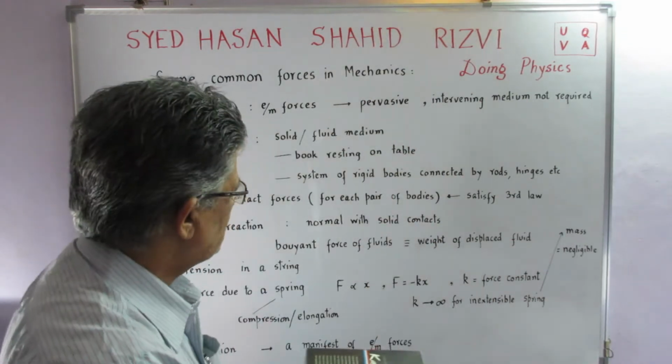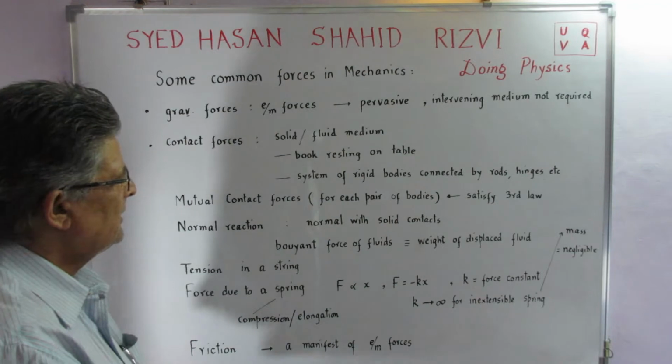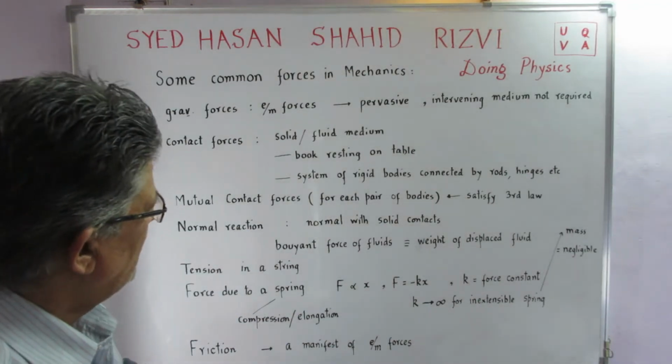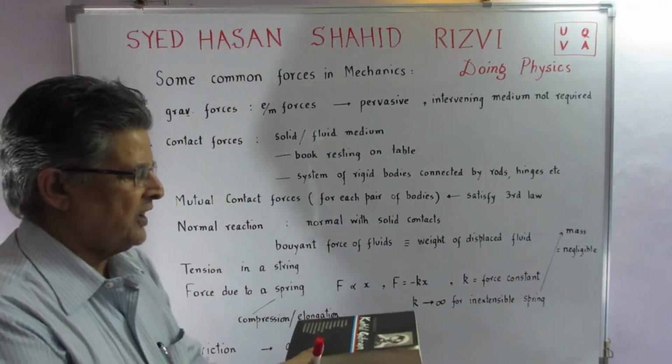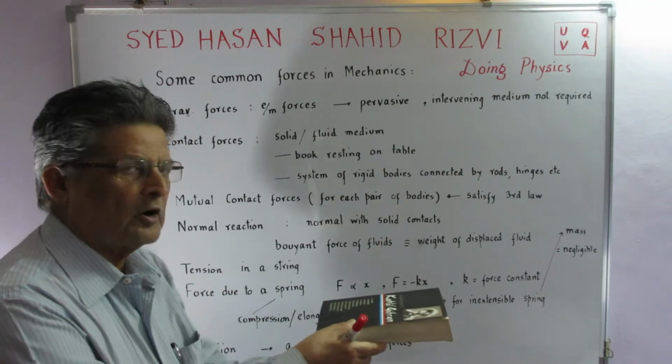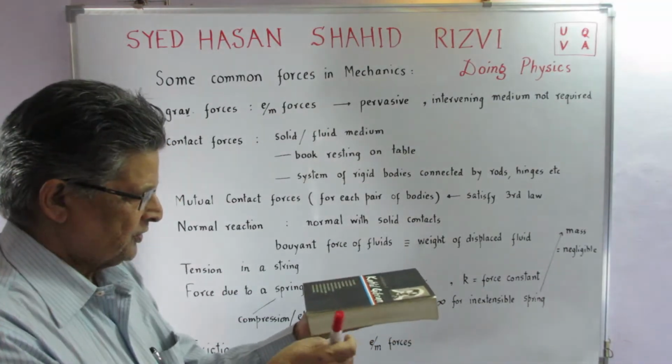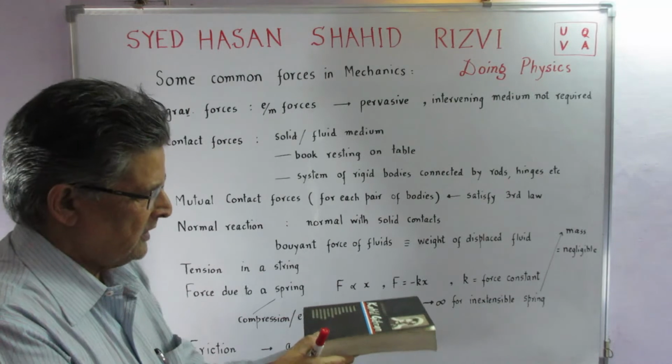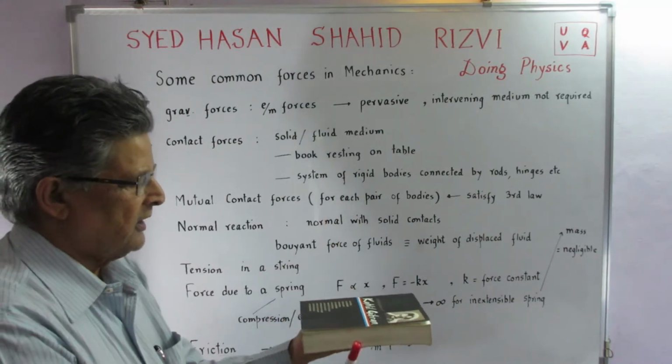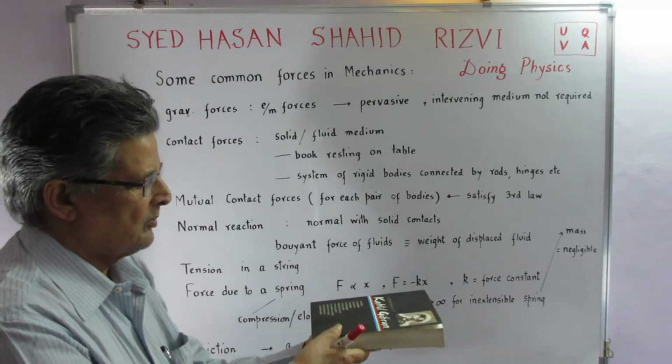The normal force is a force which acts on the surface of contact, because if you talk about why it is there, the book is also putting a normal force on my palm.